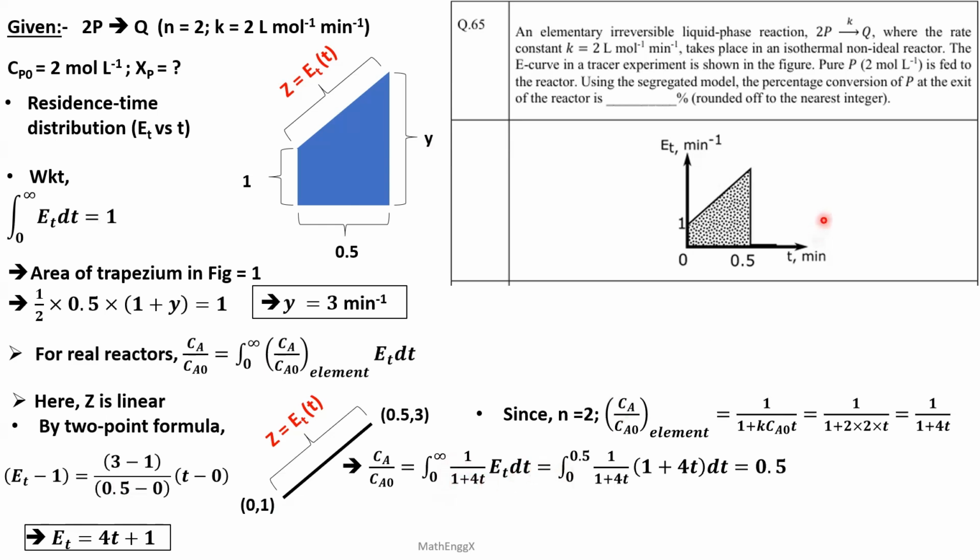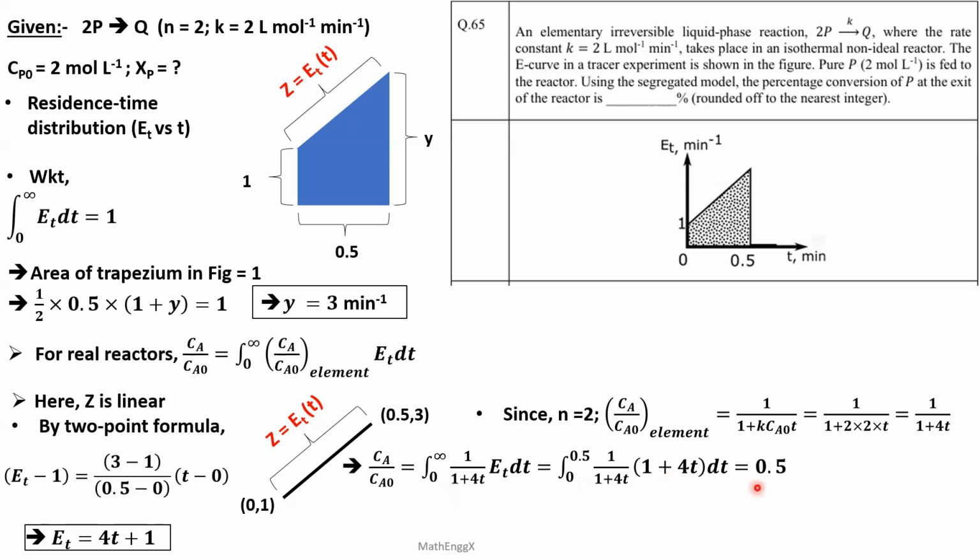From the figure, it is obvious that beyond 0.5, the value of E will be 0. Hence, the integral can be reduced to 0 to 0.5. So the integral from 0 to 0.5 of 1 by (1 plus 4t) into (1 plus 4t) dt. We can cancel out 1 plus 4t, and we have a simple integral from 0 to 0.5 of dt.